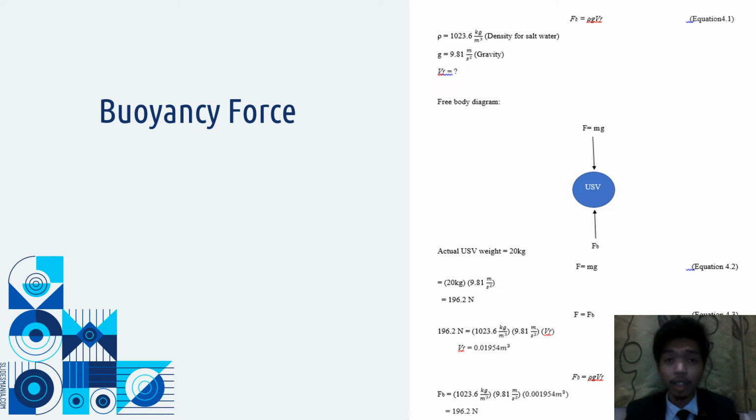Therefore, based on Archimedes' principle, if the object has the same value of force acting on the object and the buoyancy force, the object will float. Thus, this calculation shows that my vehicle can float.